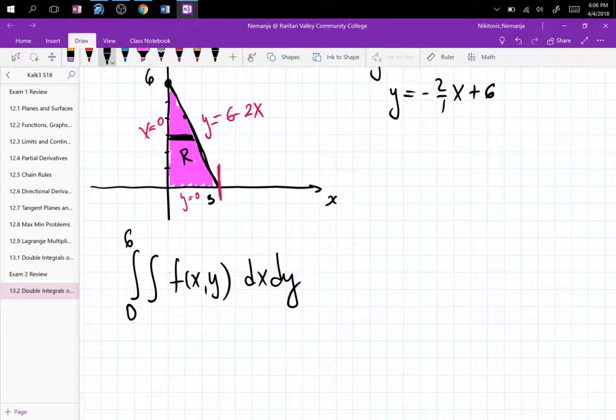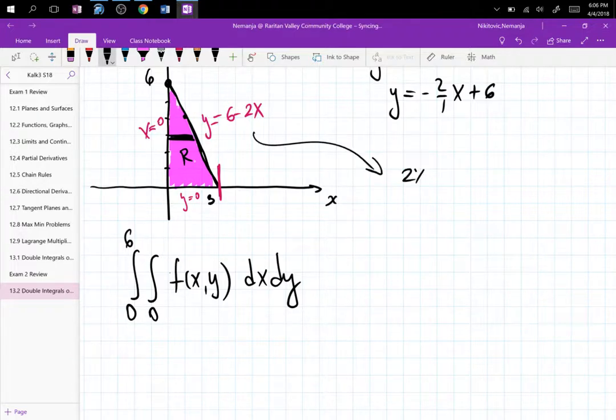Clearly, it goes from 0 because the left-hand side, which is the lower limit, is always x equals 0. And the right side, we have to flip this one. We know that already. So what do we have?